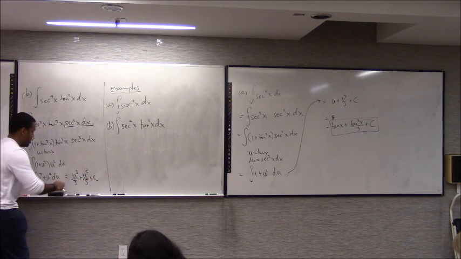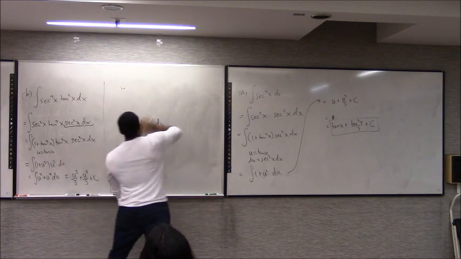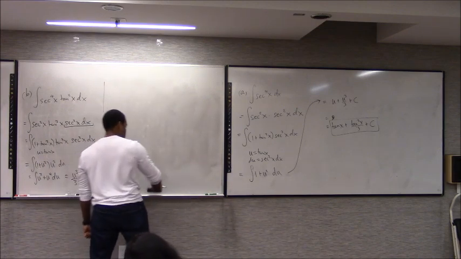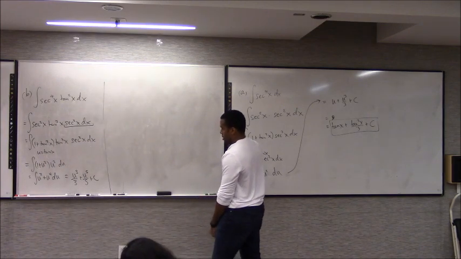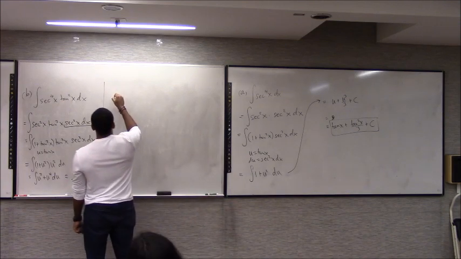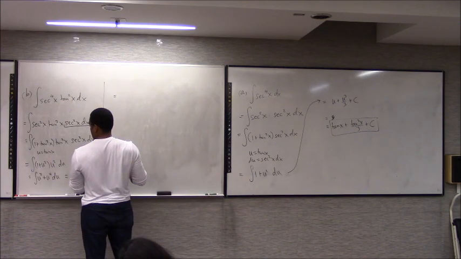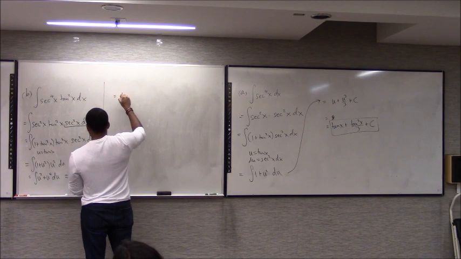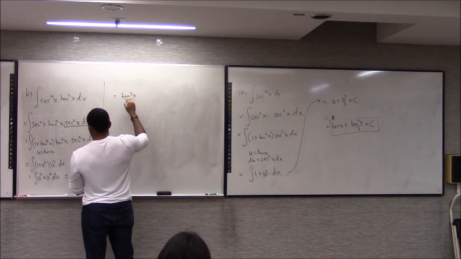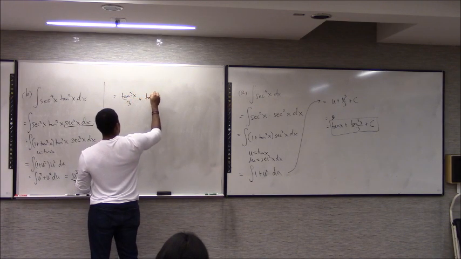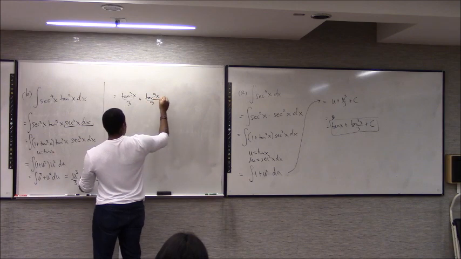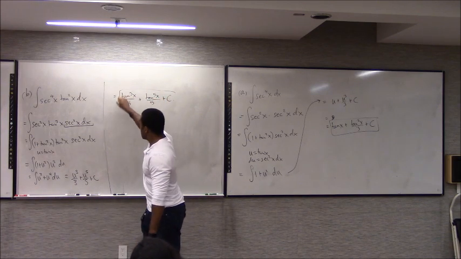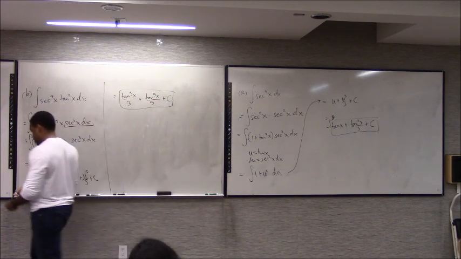We kind of see where this goes. So this is tangent cubed over 3 plus tangent to the fifth over 5 plus c. And there's that.